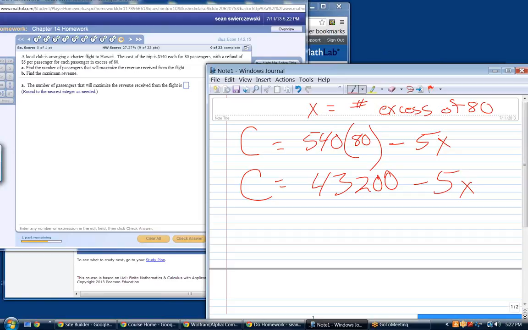Then this equation isn't right, because this equation would be 540 times 80 plus x, minus 5x. Oh, yeah, that makes a lot more sense. Yeah, because otherwise there wouldn't be a maximum. Now, hold on.